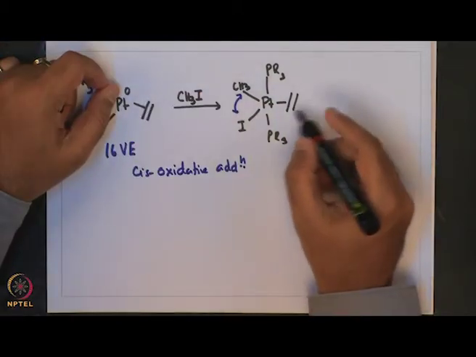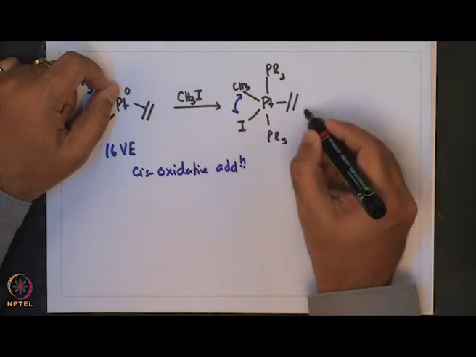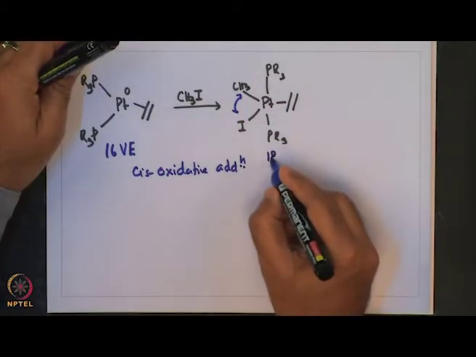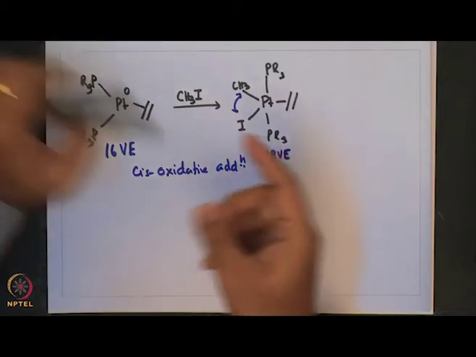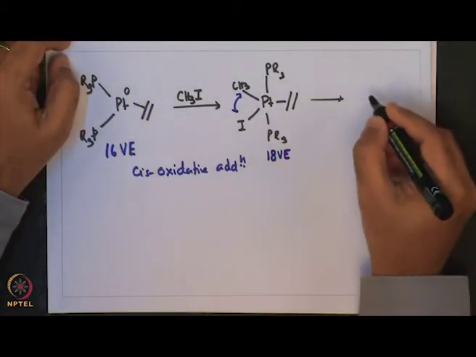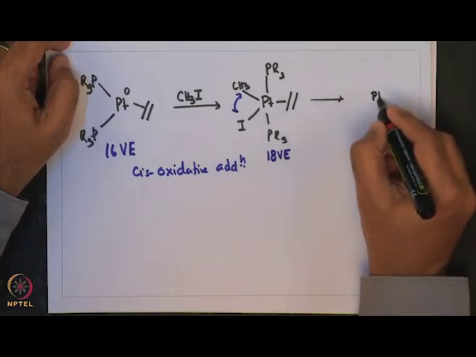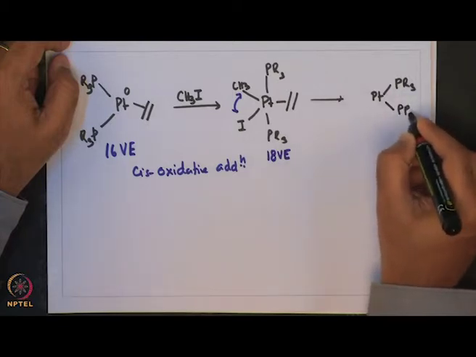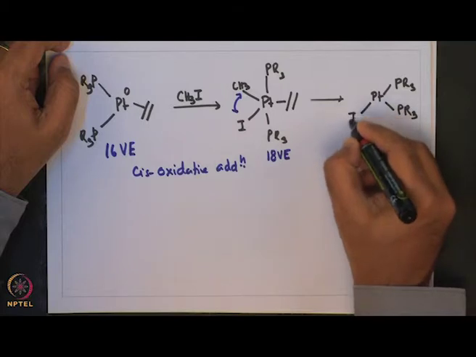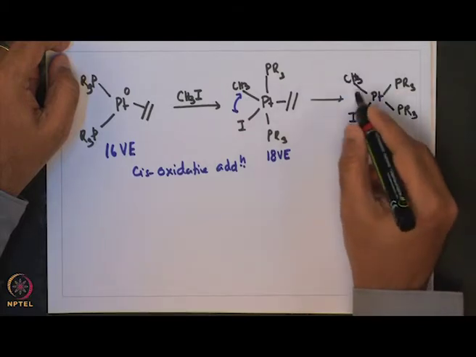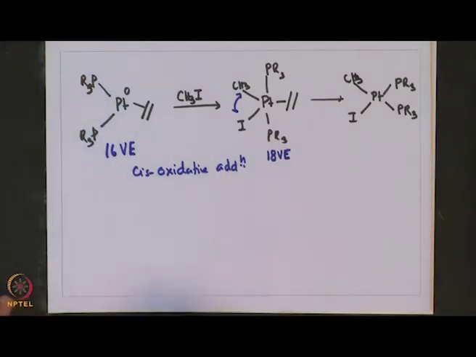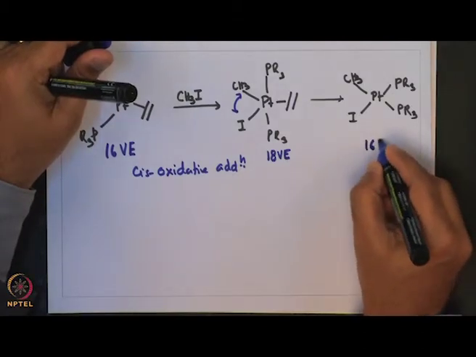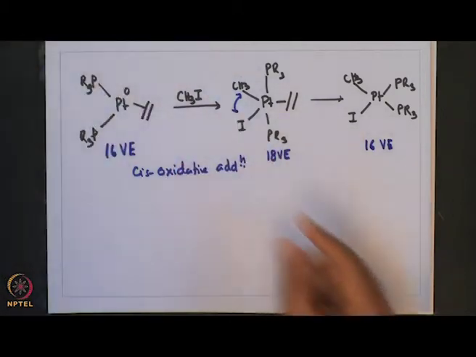Now, this TBP trigonal bipyramidal complex, which is an 18 valence electron compound, loses this ethylene to give another 16 valence electron square planar platinum complex having cis disposition between the methyl and the iodide moieties, and it is also a 16 valence electron complex.